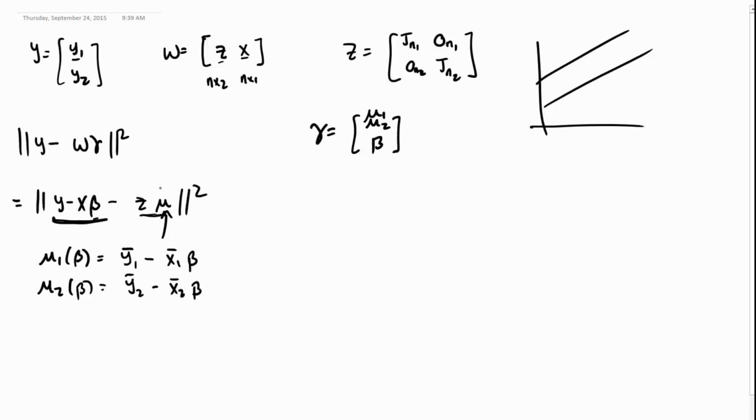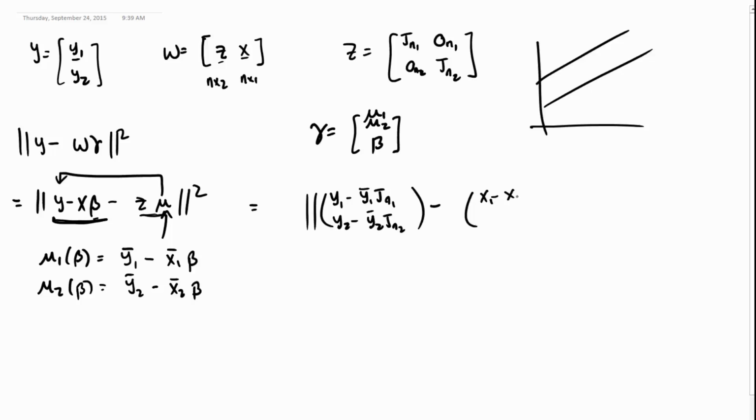Now if I were to plug those back in for mu1 and mu2 and subtract them off from y, what I get is nothing other than the centered versions of y. So I get y1 minus y1 bar times Jn1, y2 minus y2 bar times Jn2, that vector, minus x1 minus x1 bar, x2 minus x2 bar, times beta.